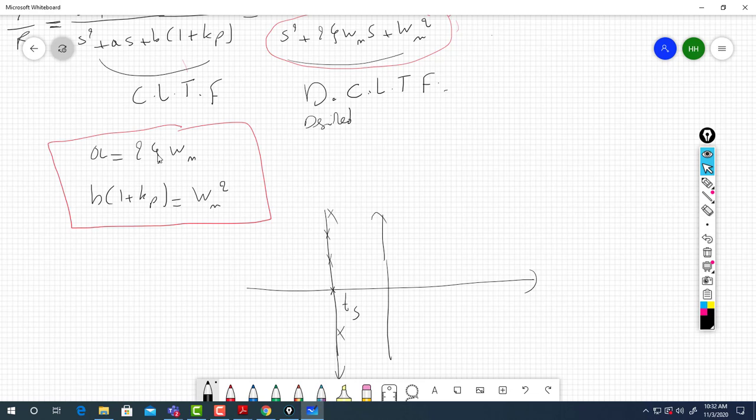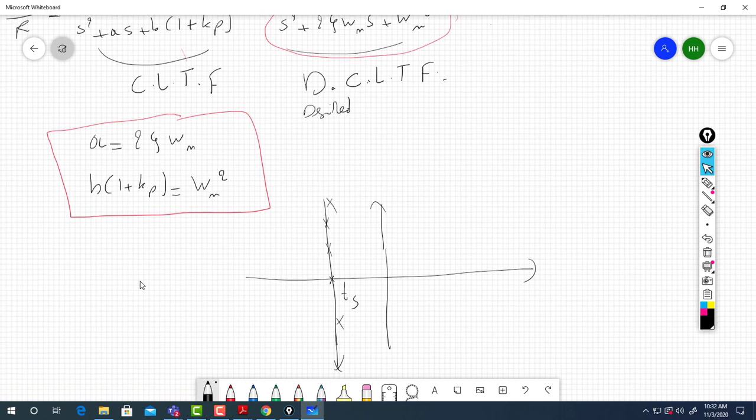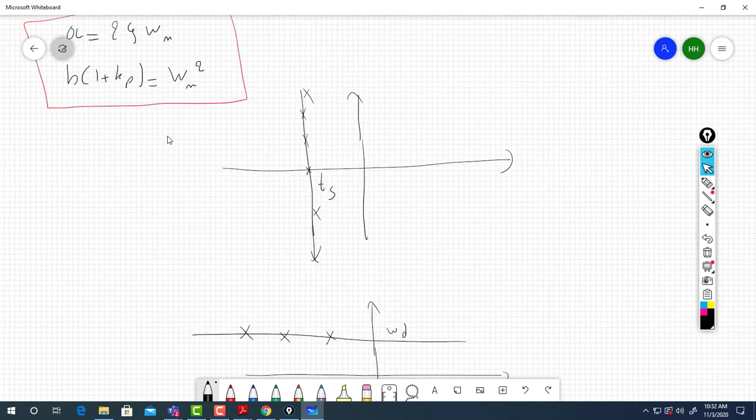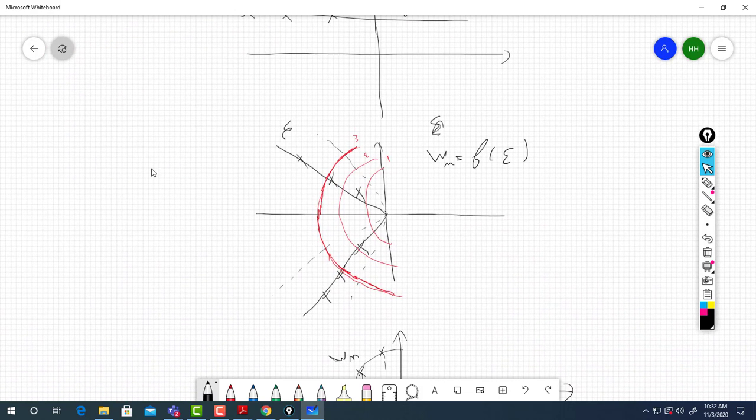And how do I fix omega n? I fix it by Kp. Me as a designer, I can only control Kp. When I change Kp, I change my omega n. So I can say I want a system with this omega n, or this one, or this one, and directly I impose zeta in an indirect way, because omega n is related to zeta.